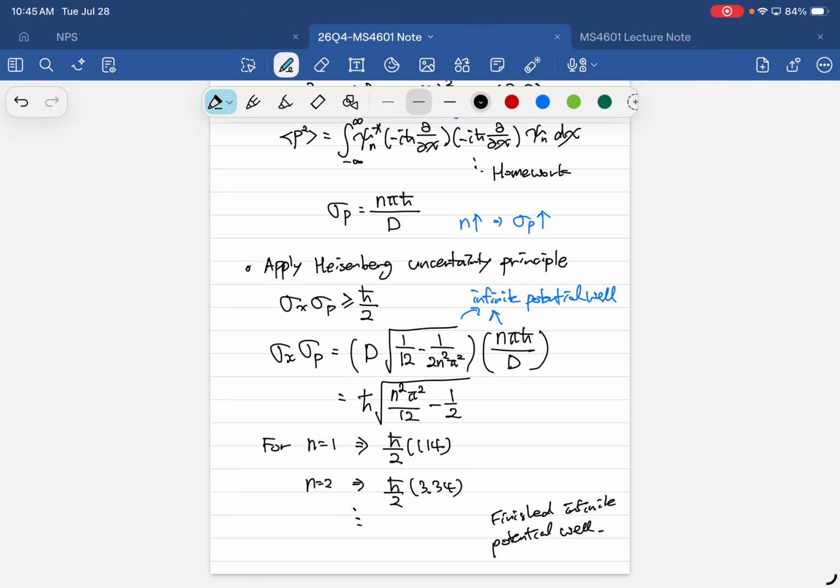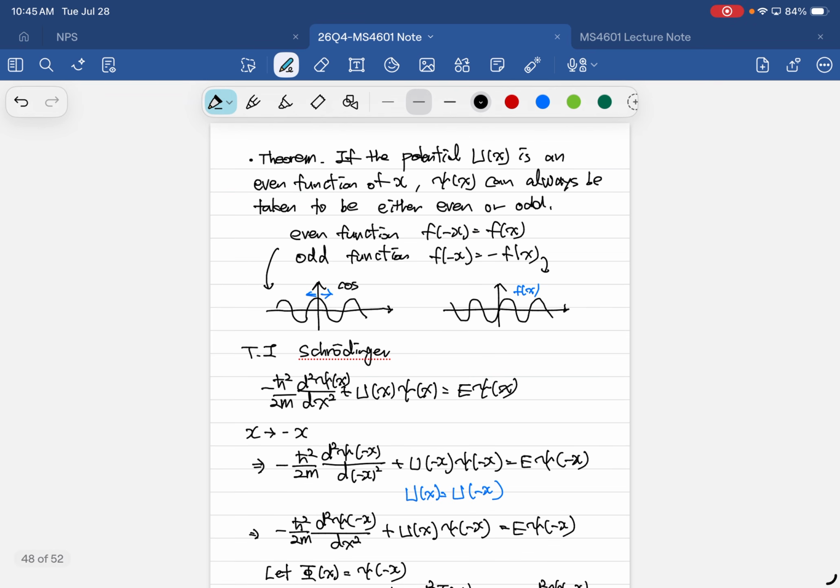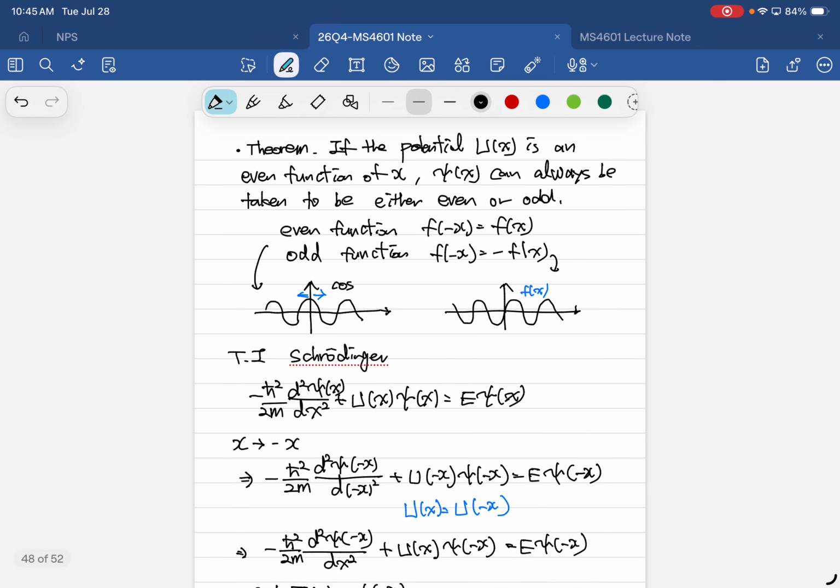For now we considered the very simple case where the wall height is infinite, but we are going to reduce the wall height to a finite value and see how the particle, or the wave, behaves.